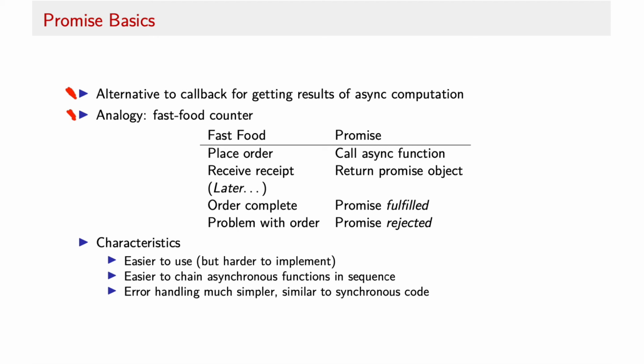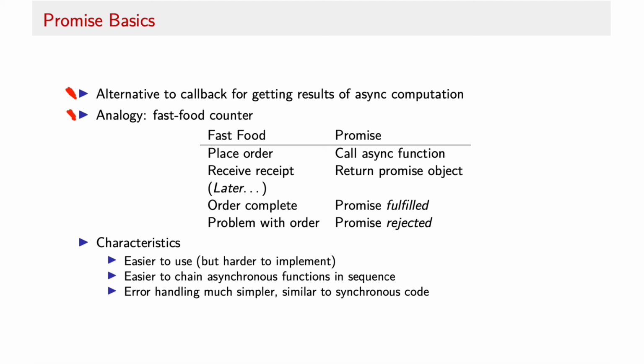You're starting up a process that goes on behind the counter outside of your direct control, but your presence at the register is the trigger that causes that behavior to start, okay? After you make that request, after you call this asynchronous function, what you're going to get back pretty much right away, in comparison to the overall time it's going to take to complete this asynchronous operation, is called a promise.